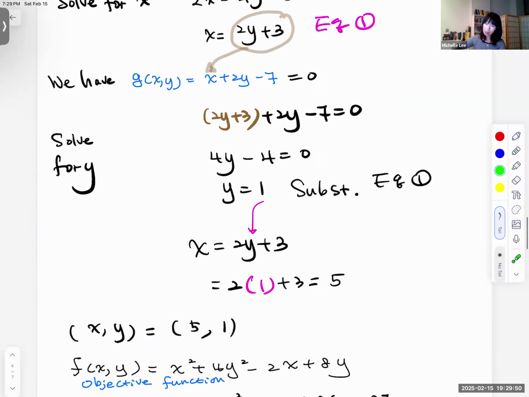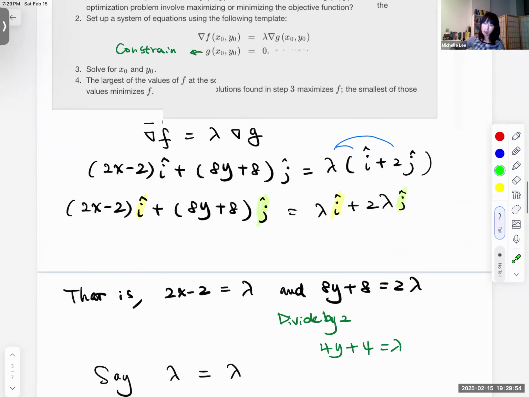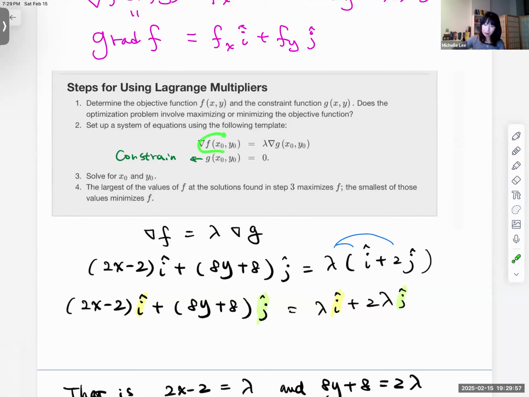So step 1, we take the gradient of the function f, which is the objective function, and set it equal to a Lagrange multiplier lambda times the gradient of g, which is the constraint function.